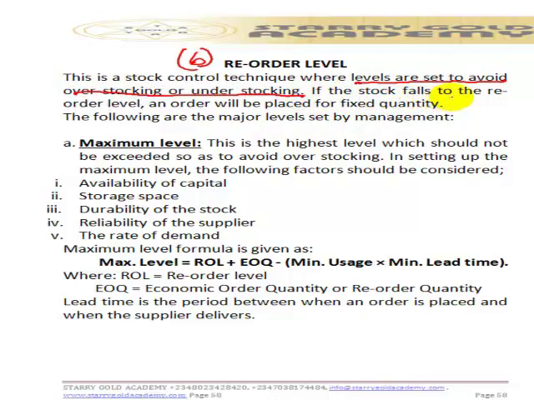If the stock falls to the reorder level, an order will be placed for fixed quantity. The following are the major levels set by management. 1. Maximum level. This is the highest level which should not be exceeded so as to avoid overstocking.